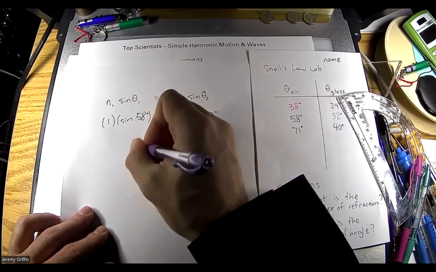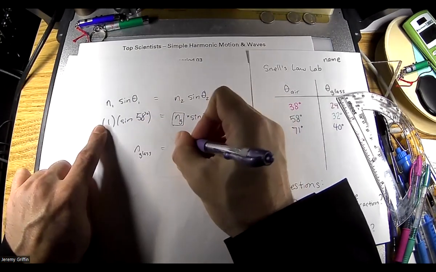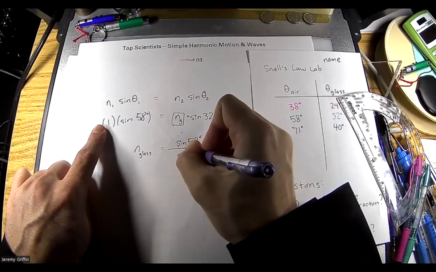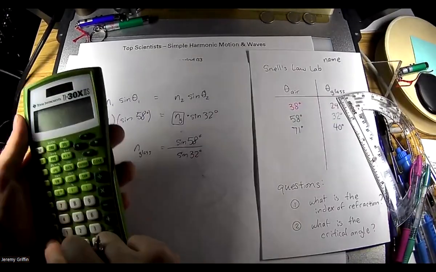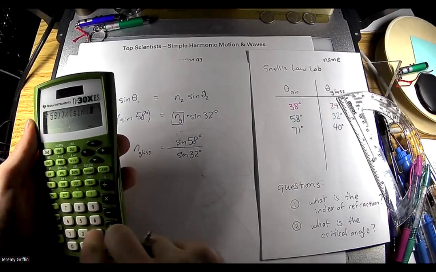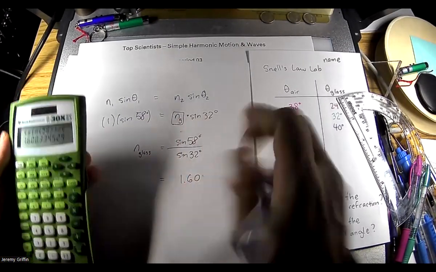So you guys see n for glass could just be 1 times sine of 58 degrees over sine of 32 degrees. What is sine 58 over sine 32? Looking at 1.60.